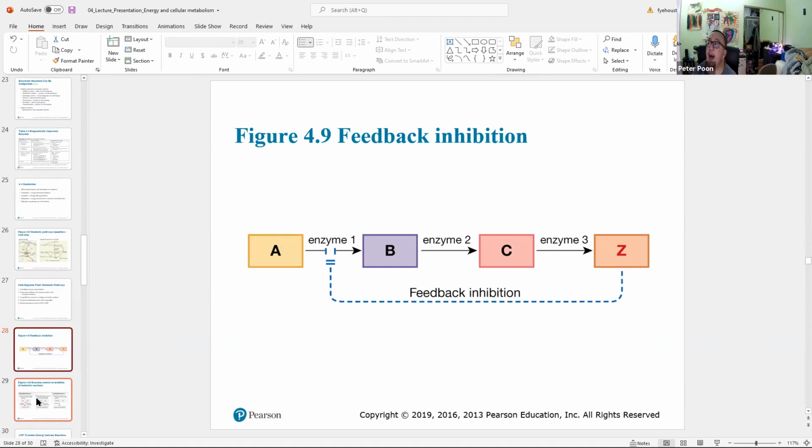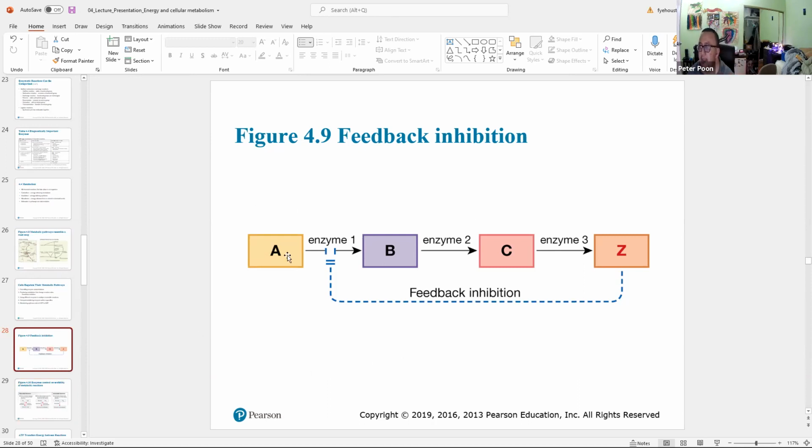A very, very important concept that you guys learned in chapter 1 was negative feedback. Negative feedback works in cellular pathways as well. So here is a pathway.